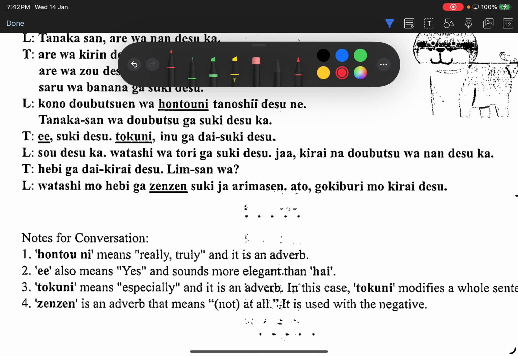It doesn't really mean also. It's more like in addition, moreover. You can think of it as also. It just means in addition, I have more things I want to say. So ato.